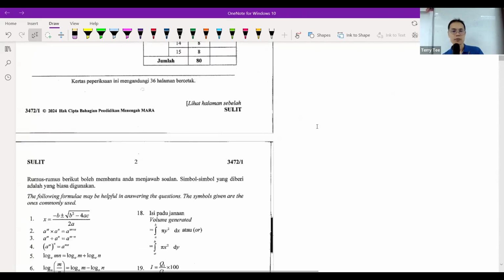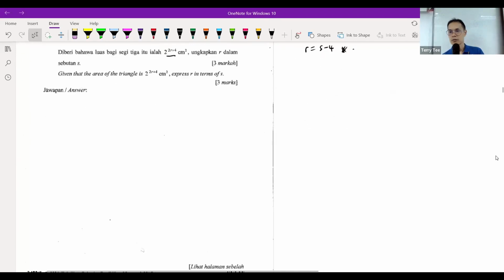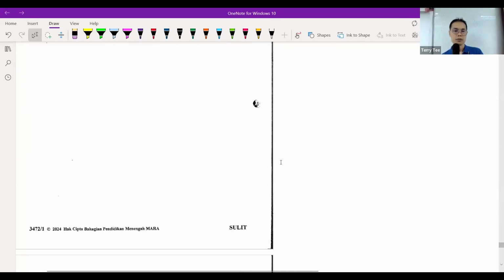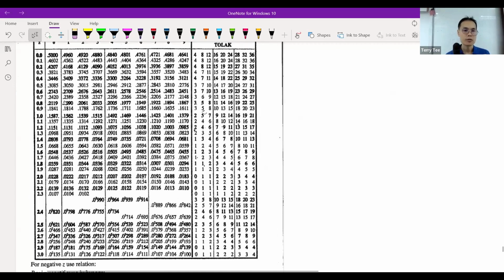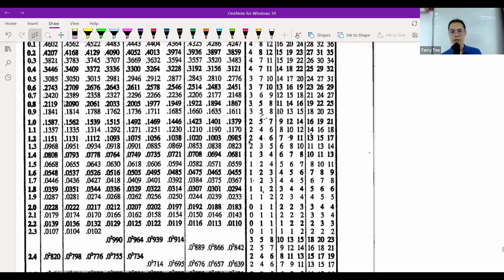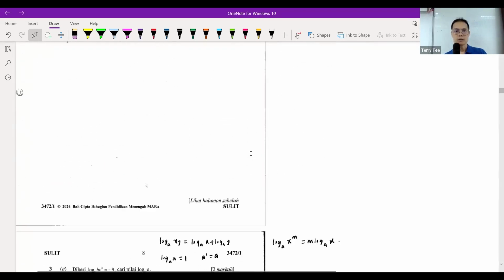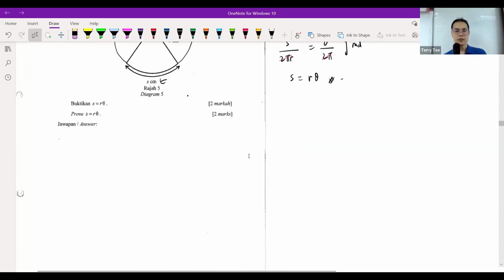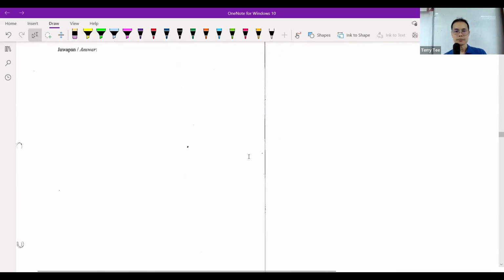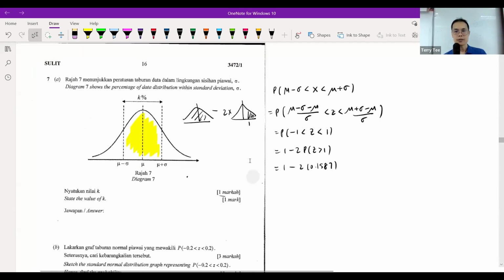Okay, let me go back to the table. For 1, you can see 0.1587. So it's quite easy to read from here. Coming back to this question, we have 1 minus 2 times this.